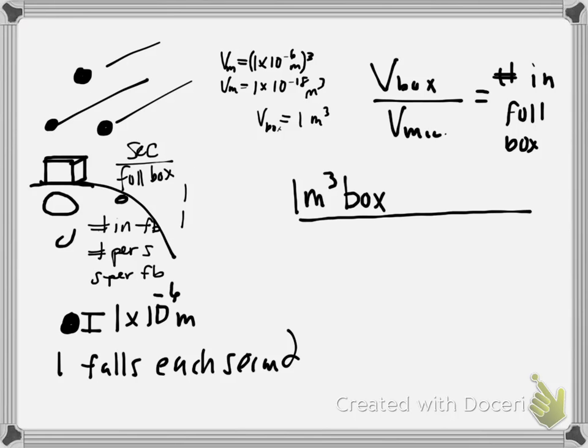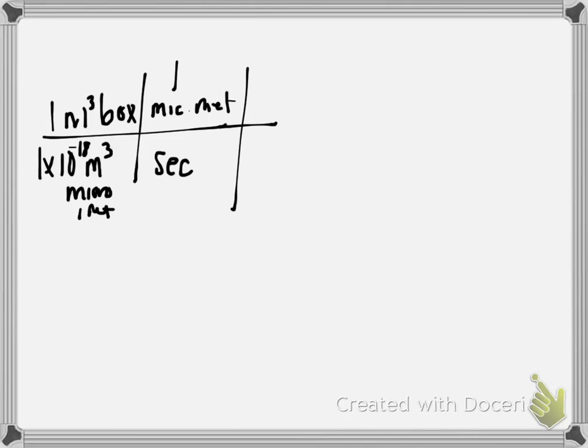We said we wanted to end up in seconds per full box. Well, let's look at this. Okay, so I've done something wrong here. This would end up being how many boxes we could fill per second. That's not what we want.